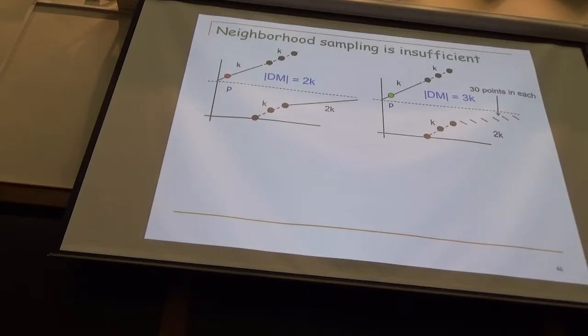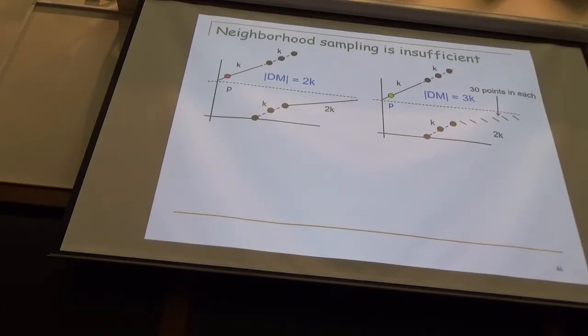So notice, the only difference between these two sequences is in this portion in the last 2k. And in that portion, your neighborhood sample is sampling very sparsely, because that's a portion that's far away from this point. So you're sampling sparsely on that section, and you can't tell the difference.